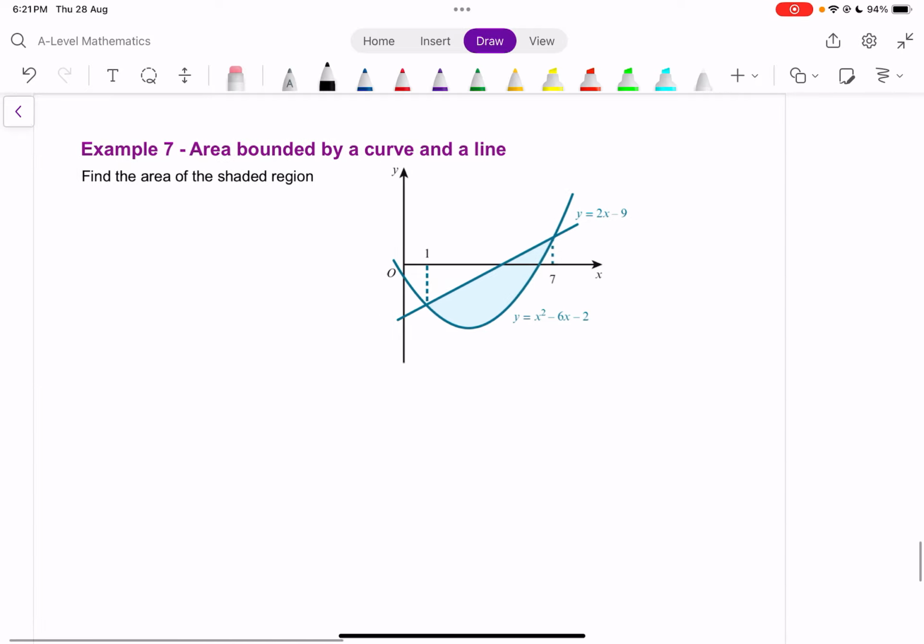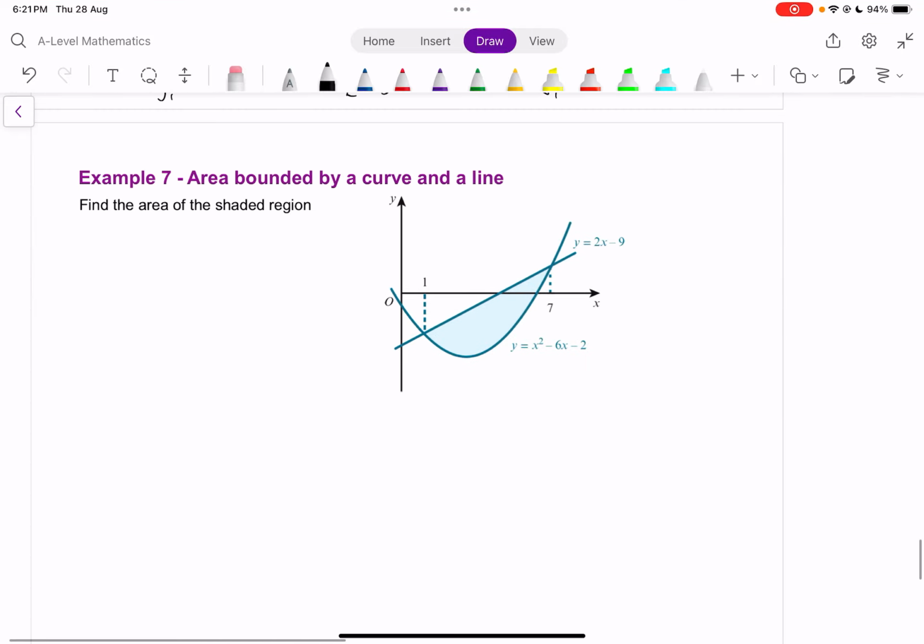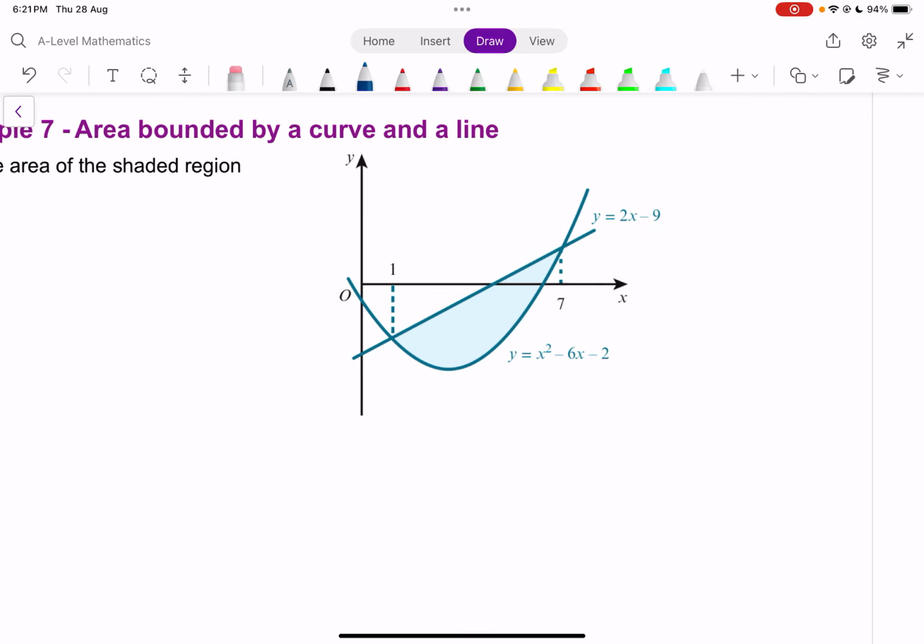Okay, last but not least, we've got the area bounded by the curve. Of course, we need to understand which part is being cut off. In this case, if we have the area of the quadratic, it would have been here. If we have the area of the straight line graph, it would be inclusive of this and inclusive of this.